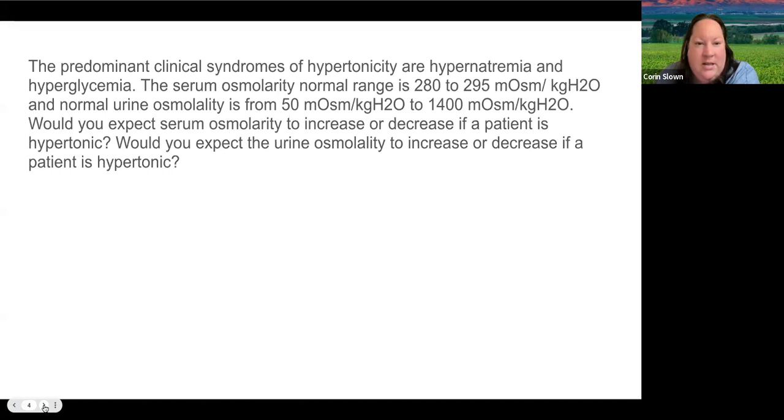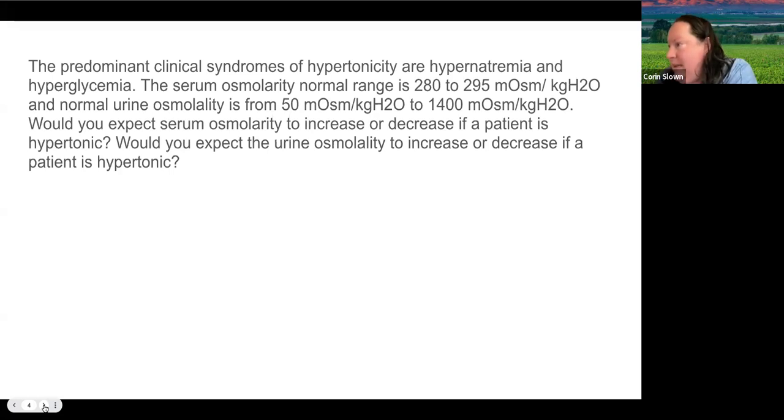And normal urine osmolality is from 50 milliosmoles per kilogram of water to 1400 milliosmoles per kilogram of water. So, would you expect serum osmolarity to increase or decrease if a patient is hypertonic? Would you expect the urine osmolality to increase or decrease if a patient is hypertonic?